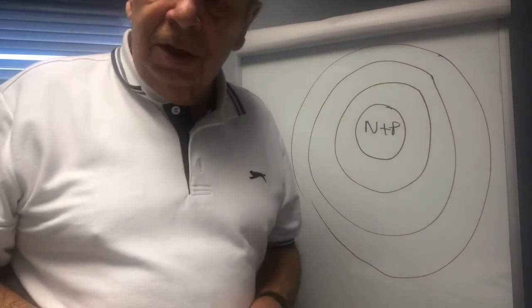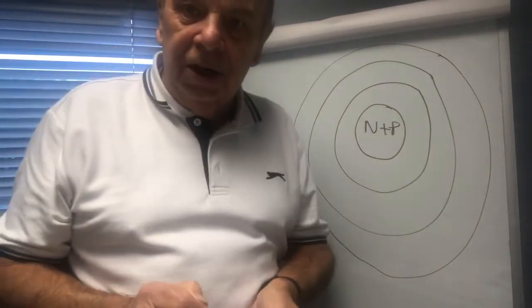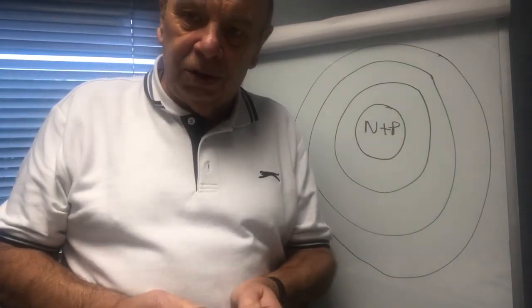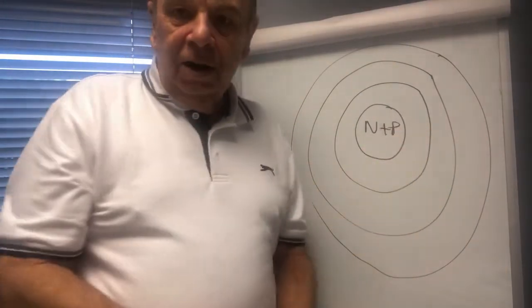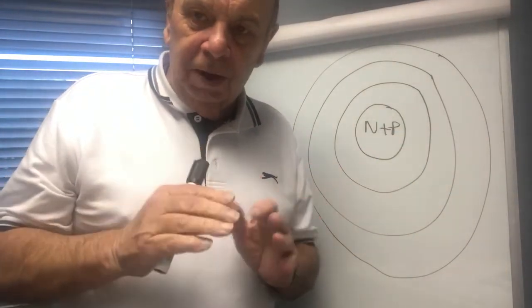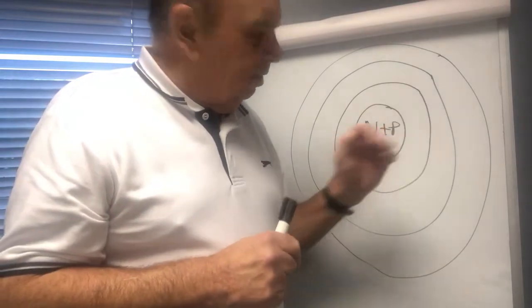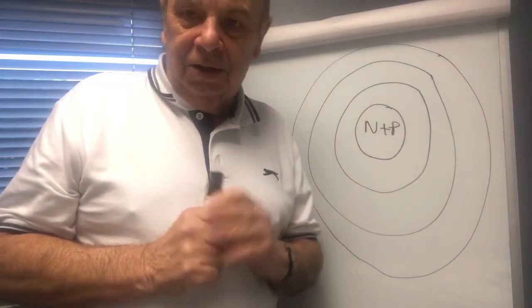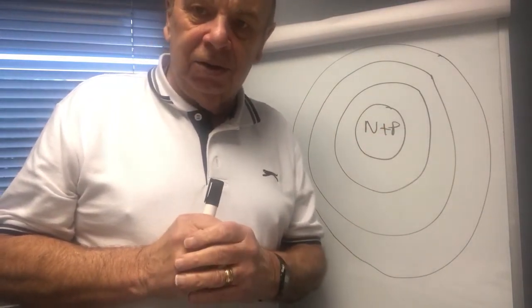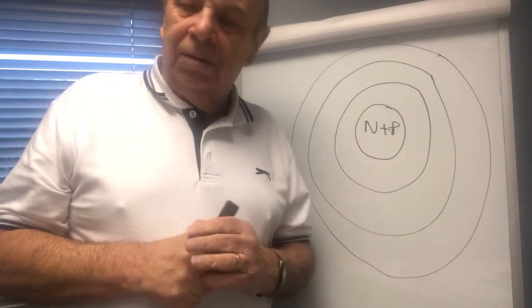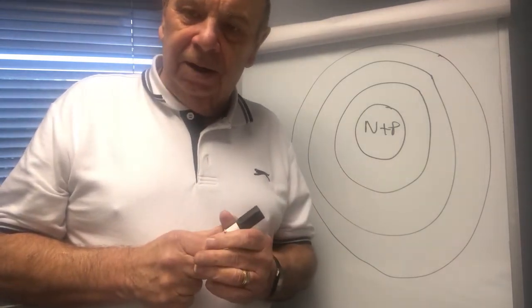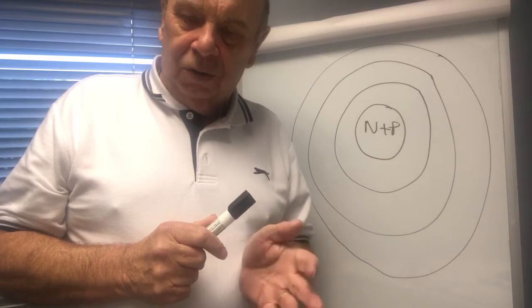These shells can only contain a certain number of electrons. The first shell can only contain 2 electrons. The second shell can contain 8 electrons. And the third shell can also contain only 8 electrons.